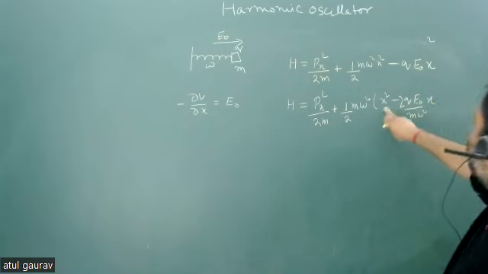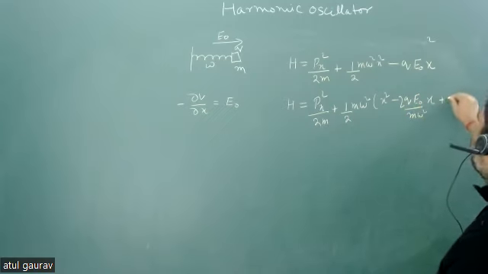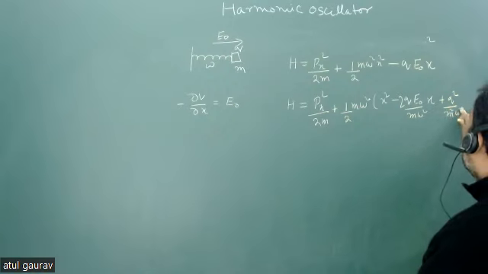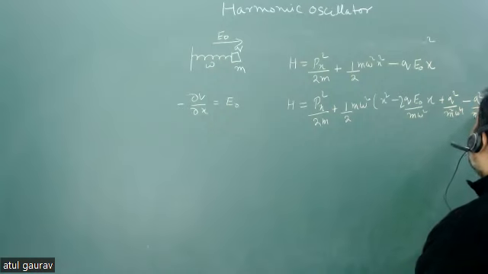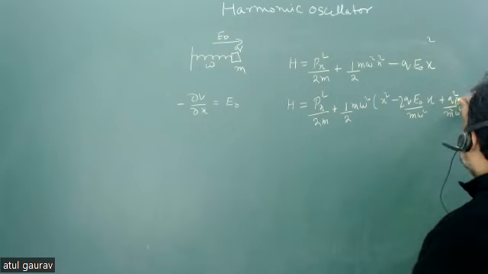So you have a square minus 2ab. So you can add q square E naught square upon m square omega to the power 4 and you can subtract the same.